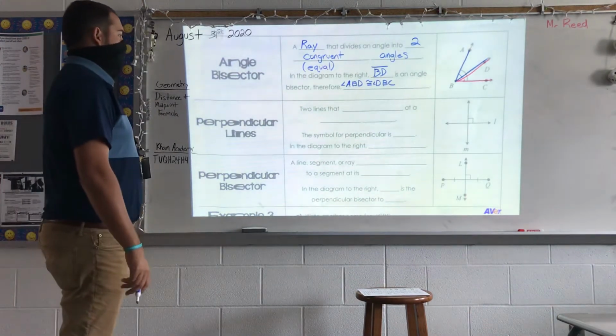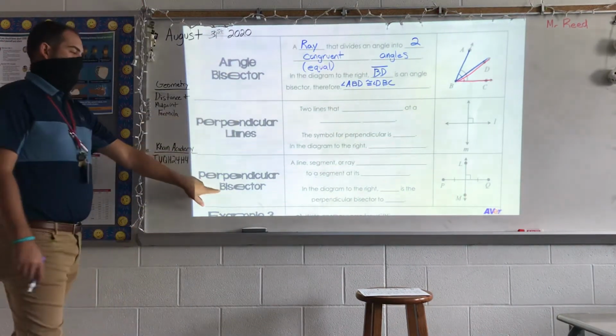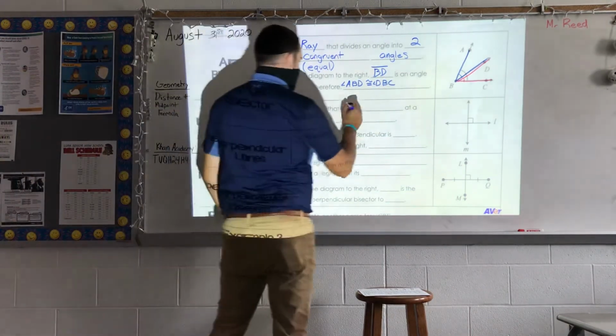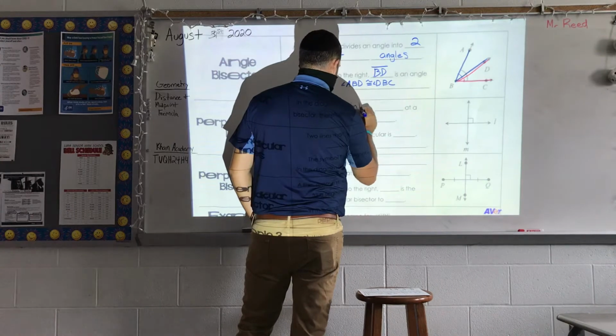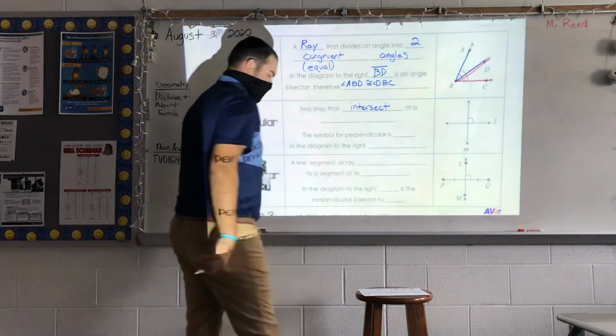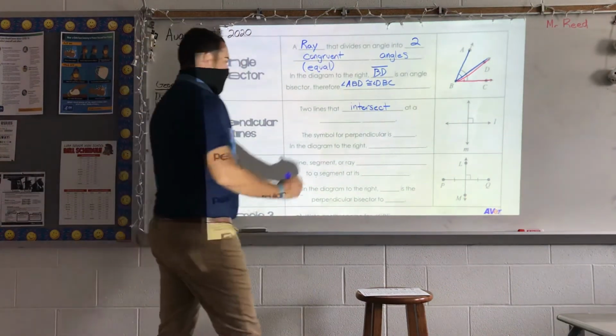Okay, so perpendicular lines, now you'll see that there's a difference between bisector and line. Perpendicular lines are two lines that intersect so they intersect at a right angle.